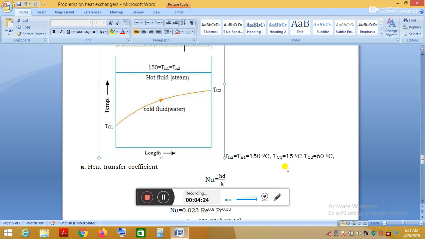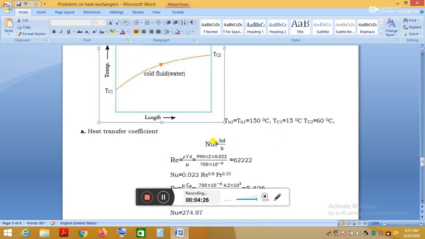From the data book we have the equation for Nusselt number equals h into D by k, where h is the heat transfer coefficient, D is the diameter of the pipe and k is the thermal conductivity of the water flowing through the pipe. Using this equation we can find the heat transfer coefficient h.